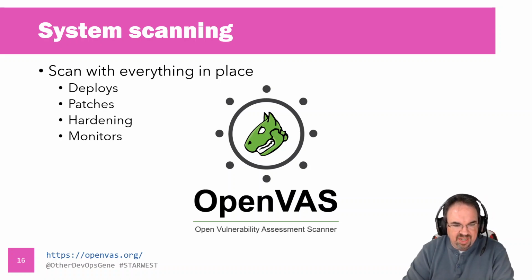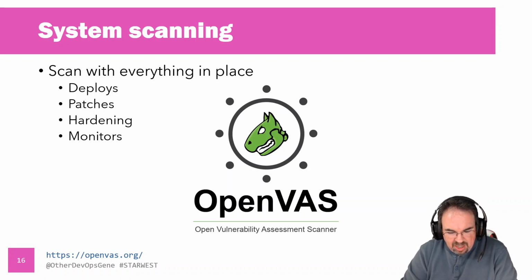It's still openvas.org that will take you to the right place, but there's a company called Greenbone that maintains it, and they call it the Greenbone Vulnerability Management now. But anyway, OpenVAS is an open source fork of Nessus from back when it went closed source many years ago. And it just looks through for open ports, old software, services that shouldn't be running, things like that.